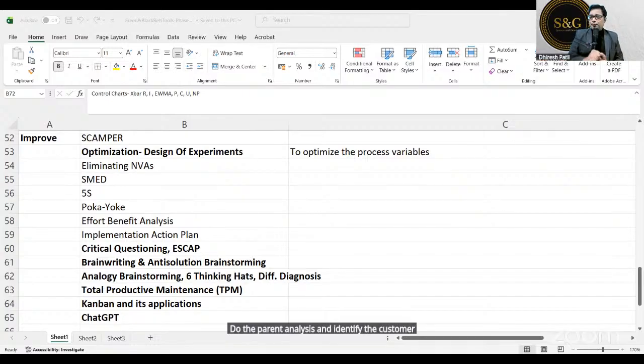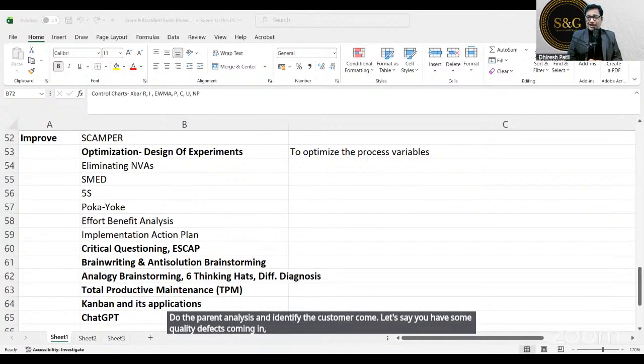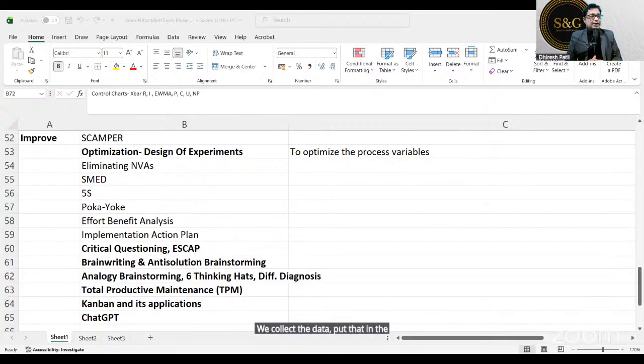Let's say you have some quality defects coming in the process. You collect the data, put that in the Pareto analysis. So you don't have to wait for a project completely. You can exclusively use these tools separately as well. They're so powerful. See, Lean Six Sigma is a garland of flowers. So these people have beautifully put it in the sequence.